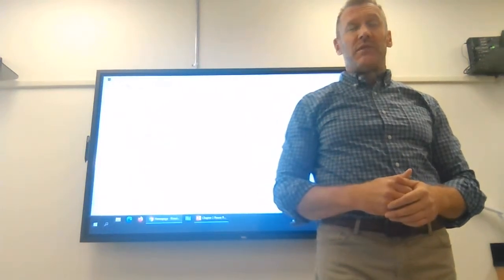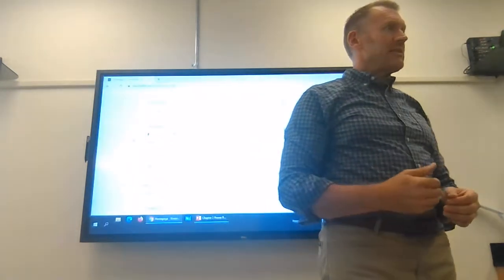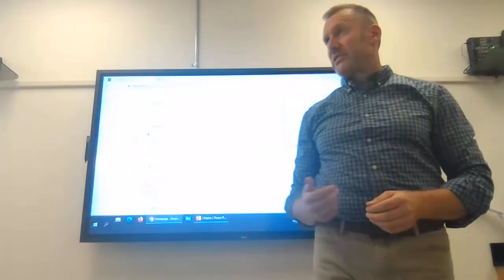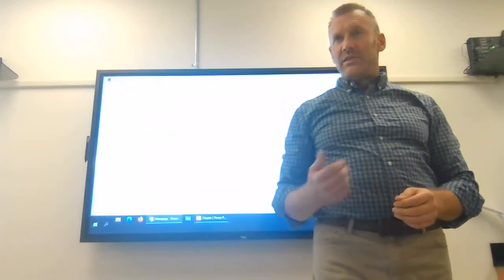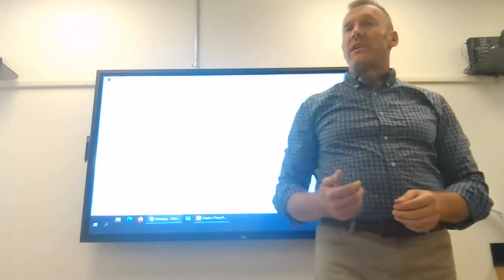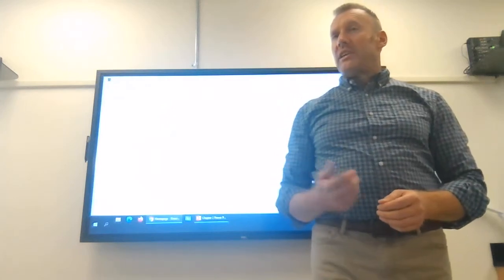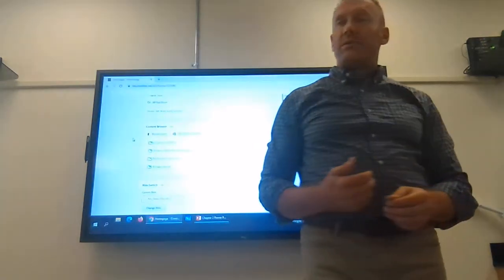So knowing the difference between flexion and extension, what that actually looks like. Abduction, adduction, horizontal abduction, adduction, internal and external rotation, plantar flexion, dorsiflexion, radial deviation, ulnar deviation, all of those things.